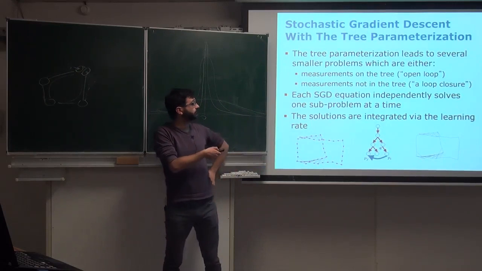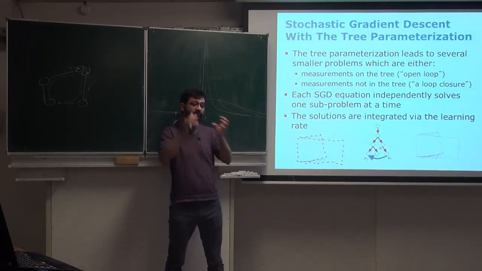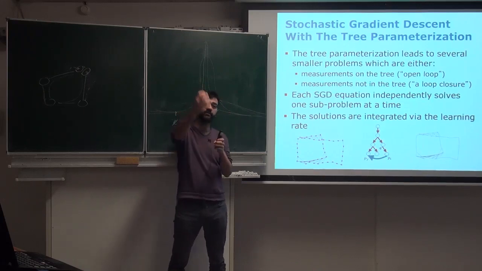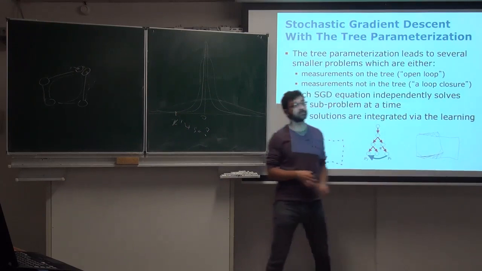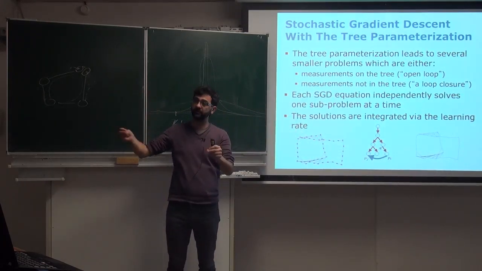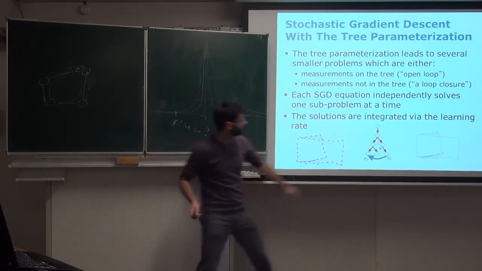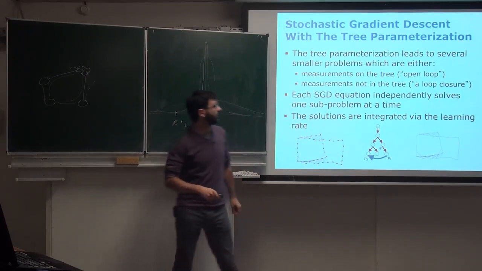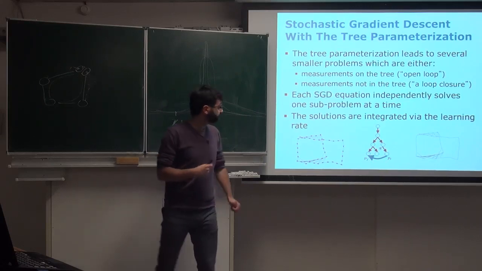We can now divide the measurements into different classes. We have the loop measurements and the open loop measurements, which are the ones connecting the branching in the trees. The loop one is the one that connects two different branches. The red ones will be the open loop ones, and the blue ones will be the loop measurements that we have there.